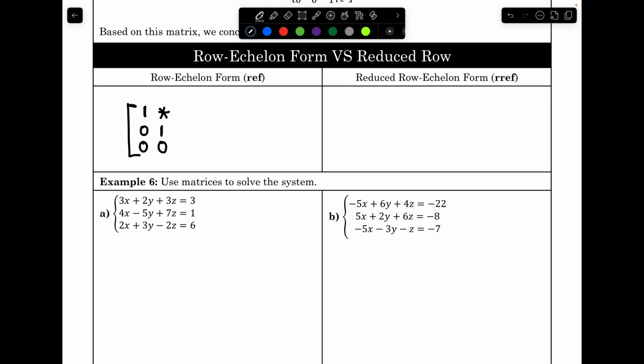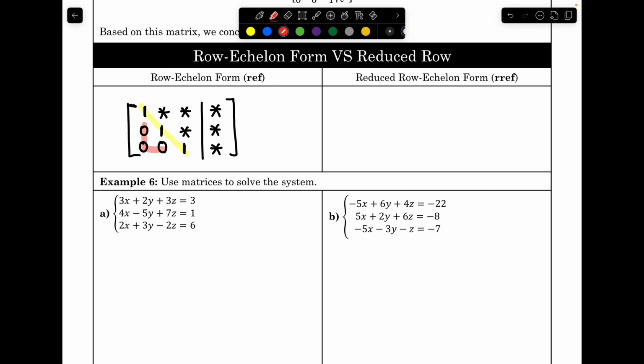On the third column, we'll have the first two elements be some random numbers, and then 1. And then of course, the numbers over here would just be some values. What makes this echelon form is that in the main diagonal, all of these values are going to be 1s, and the values underneath are going to be 0. So two zeros under the first column and a 0 under the 1 in the second column.